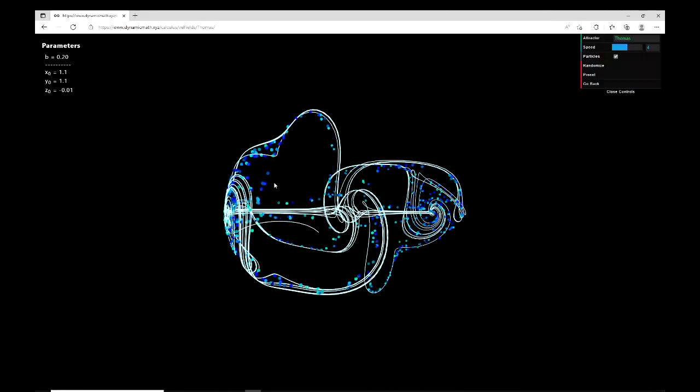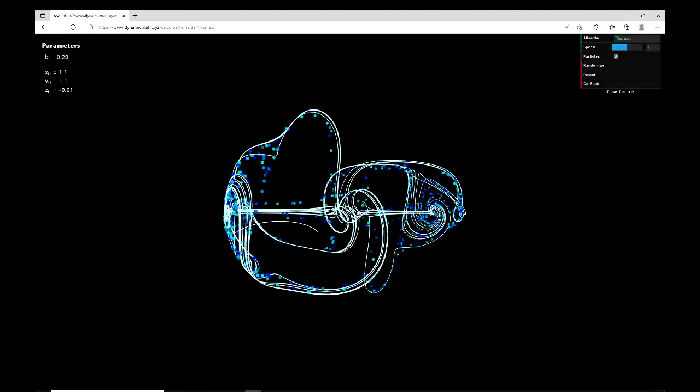space. If I take one of those points, and apologies for the sloppy programming of whoever did this, and it's not me, but it's a fantastic website anyway. If I take one of those blobs and follow it around, the path that that blob traces out is the white line. That's the attractor. Use your imagination. So the blobs are moving around, they trace out the path, which is the white line, and that's what we call the attractor. The rules of the system that govern the system is a set of differential equations.